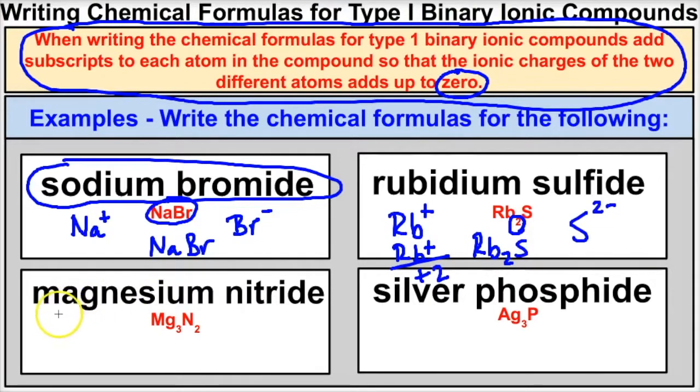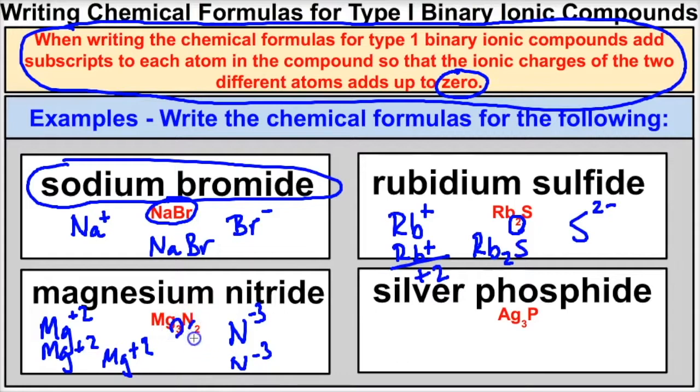Right here, magnesium nitride, we know magnesium forms +2 ions or 2+ ions, and we know nitride is N3-. These two charges don't add up to 0, so if you have 3 of these, the total charge will be +6, and if you have 2 of these, the total charge will be -6, and they add up to 0, and so that's why we get Mg3N2.